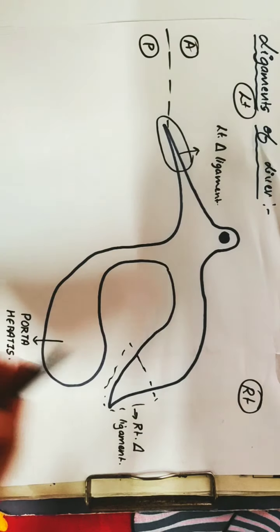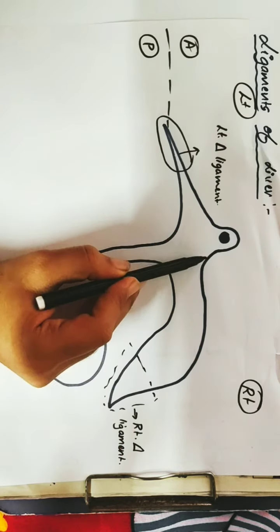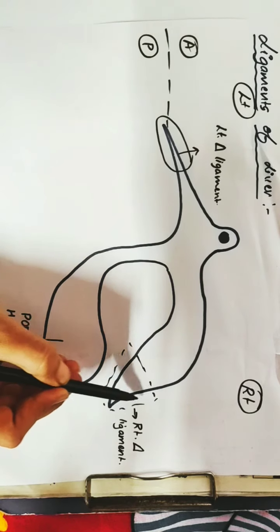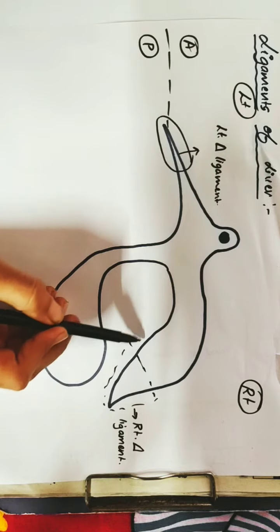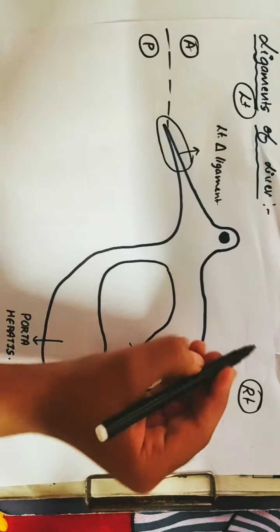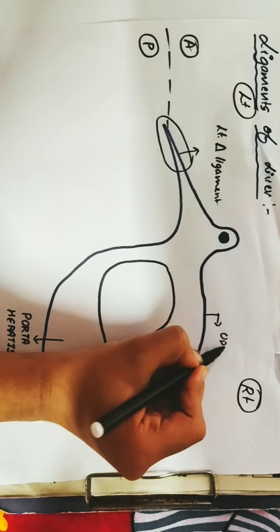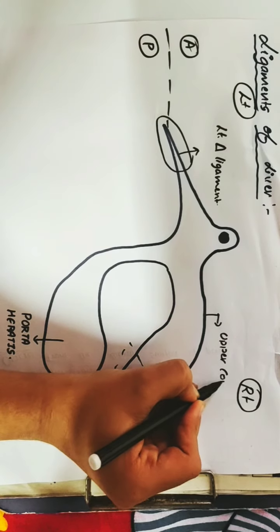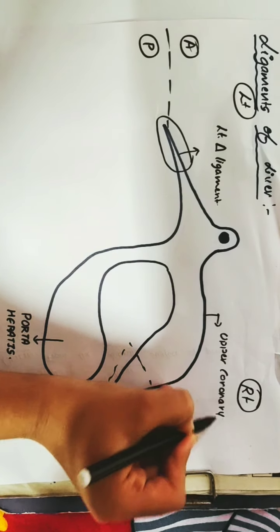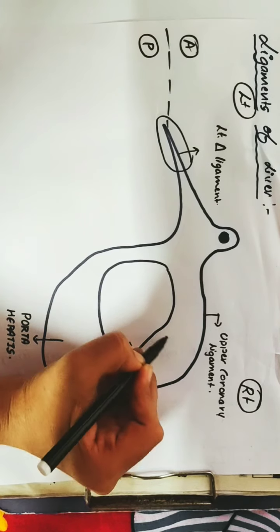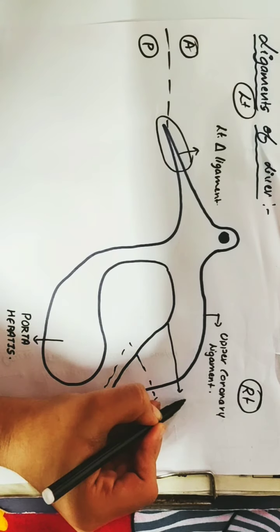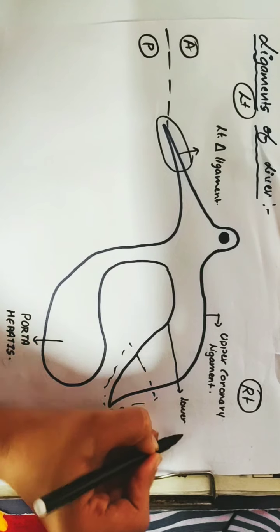Next, you can see that there are two ligaments here. The bigger one is called the upper coronary ligament and the lower part is called the lower coronary ligament.